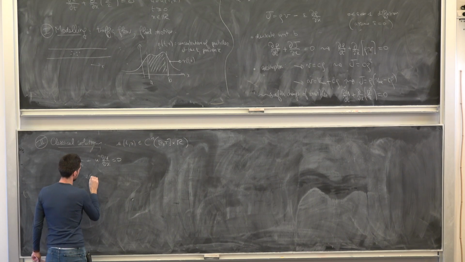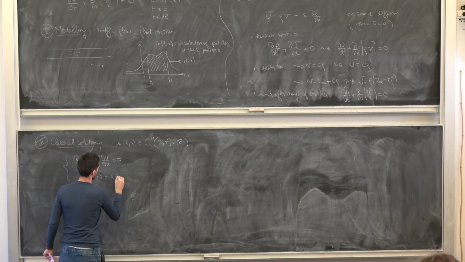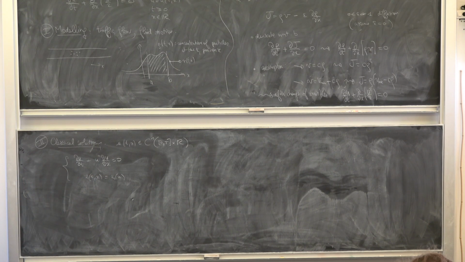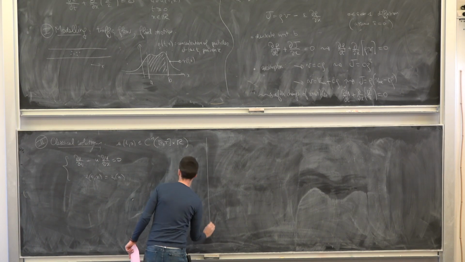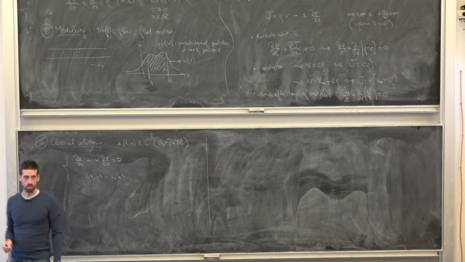And you want to understand an evolution, so say you put some initial condition. Okay, this is a C1 function. Can we understand the evolution that is dictated by this equation?